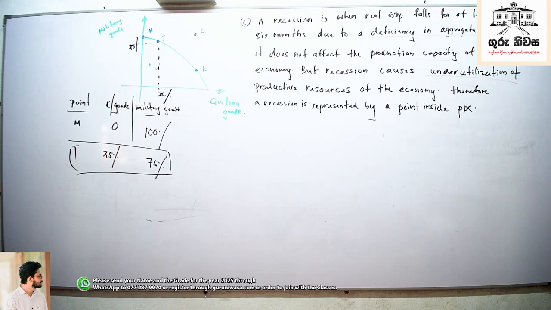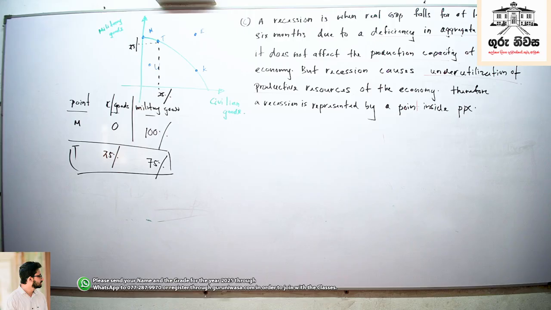Otherwise, you will waste the question. My advice is to attempt the question after watching all recordings and going through all notes. If you can manage the 2004 A-level paper question regarding PPC, you are an expert.